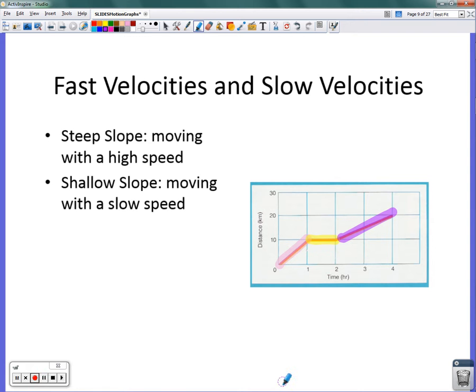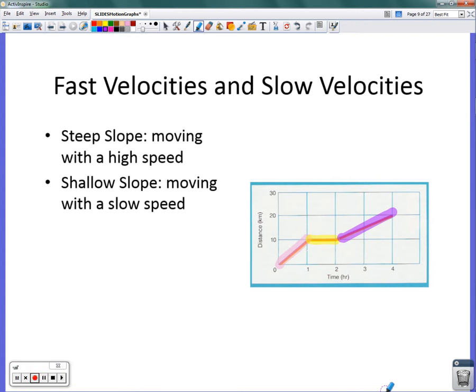First, yellow section. Horizontal line, zero slope. And again, that means that this object was at rest. But here, we have two distinct sections where there are constant non-zero slopes. And that means that there are two sections over this time interval that this object was moving. In both cases, because the slope is constant, that means that the object was moving with a constant velocity.